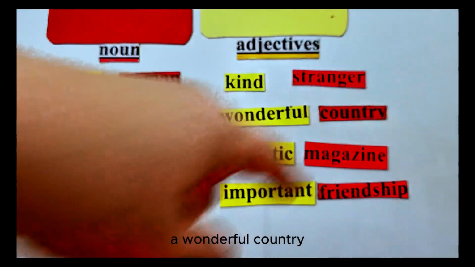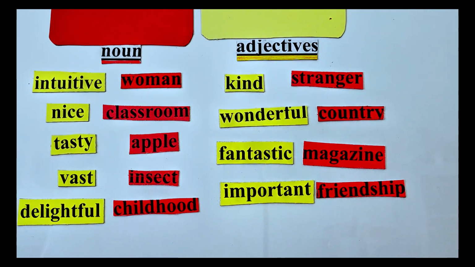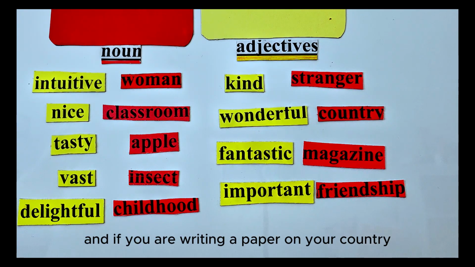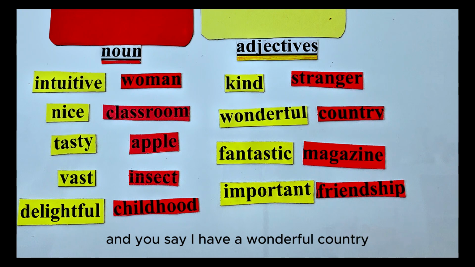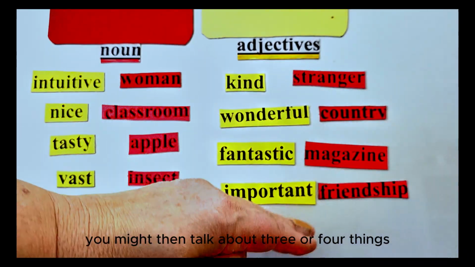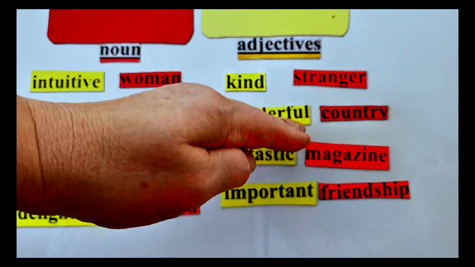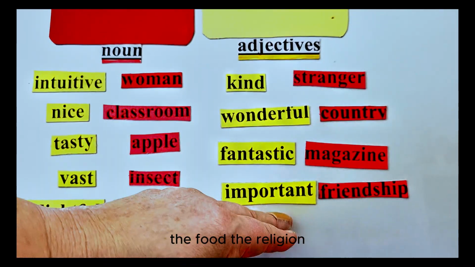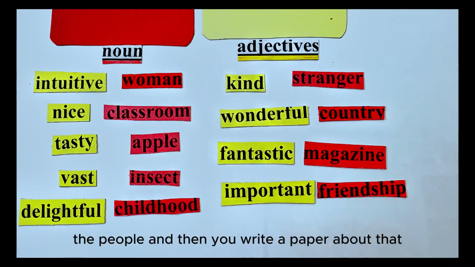A wonderful country. Most everybody loves the country that they were born in. And if you are writing a paper on your country and you say, "I have a wonderful country," you might then talk about 3 or 4 things. My country's wonderful because of the clothing, the food, the religion, the people. And then you write a paper about that.